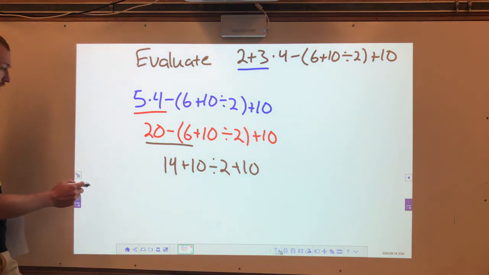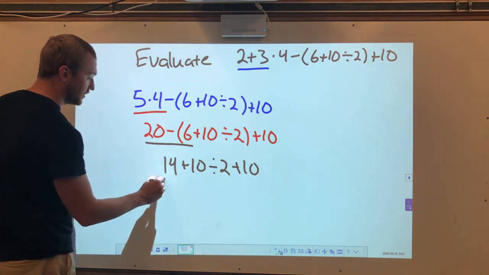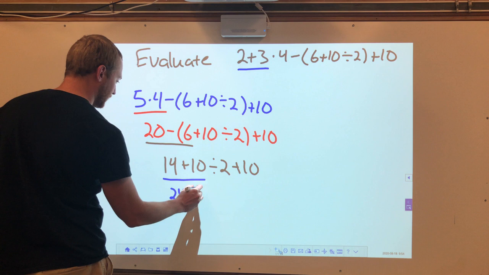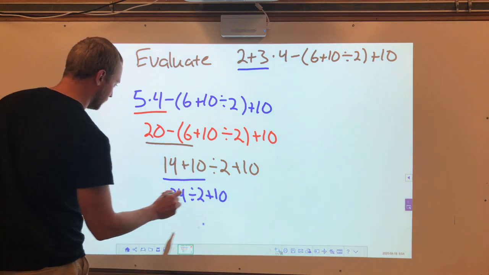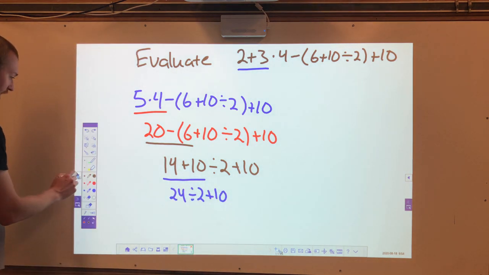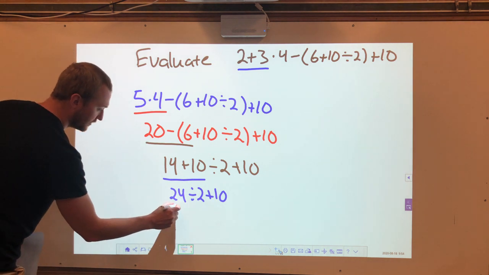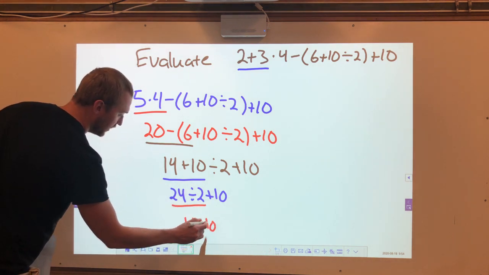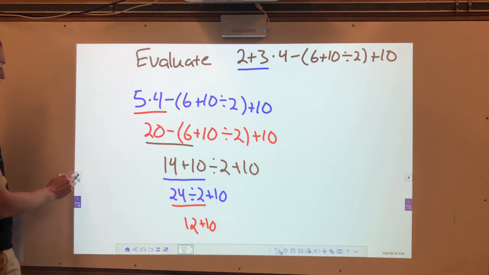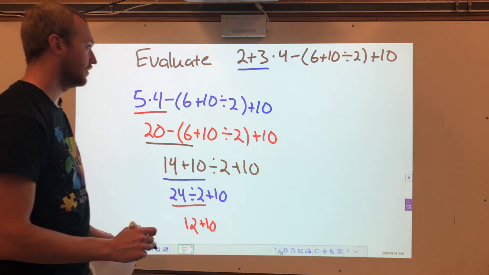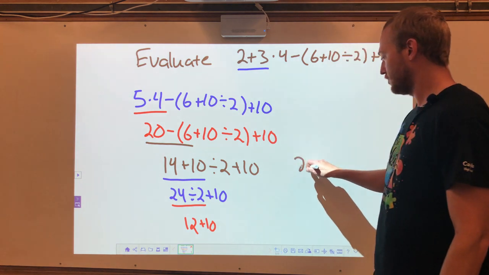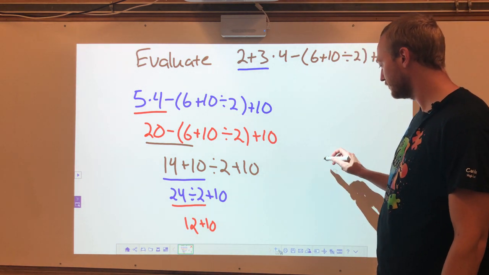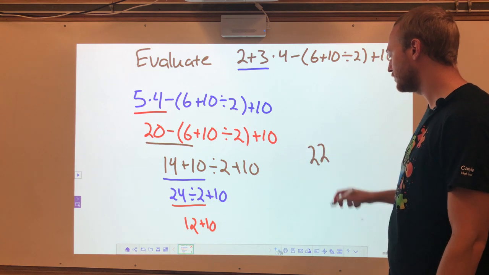Again, going from left to right, 14 plus 10 is 24, divided by 2 plus 10. So two more operators left. 24 divided by 2 is 12, and we have plus 10. And lastly, 12 plus 10, we get 22.